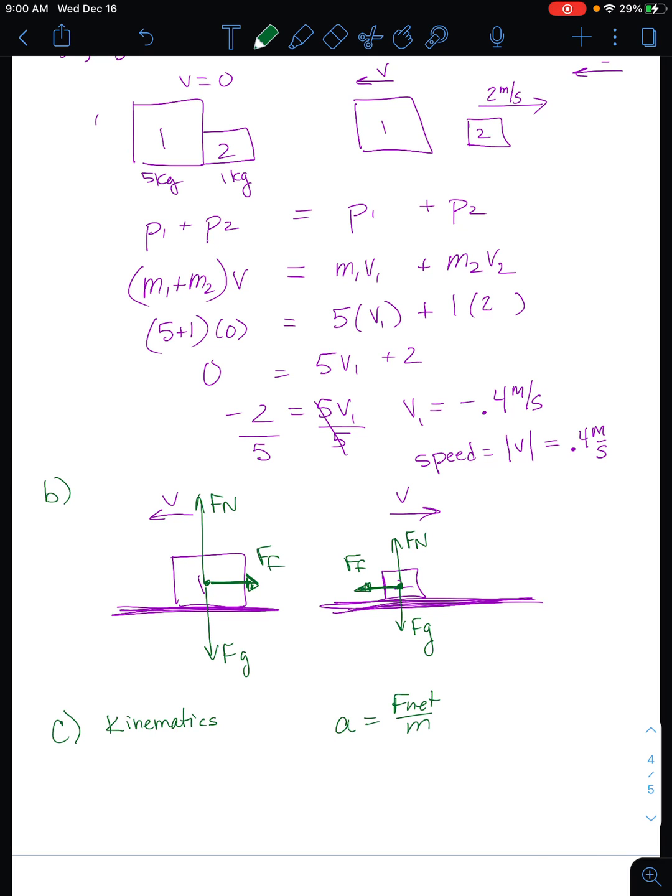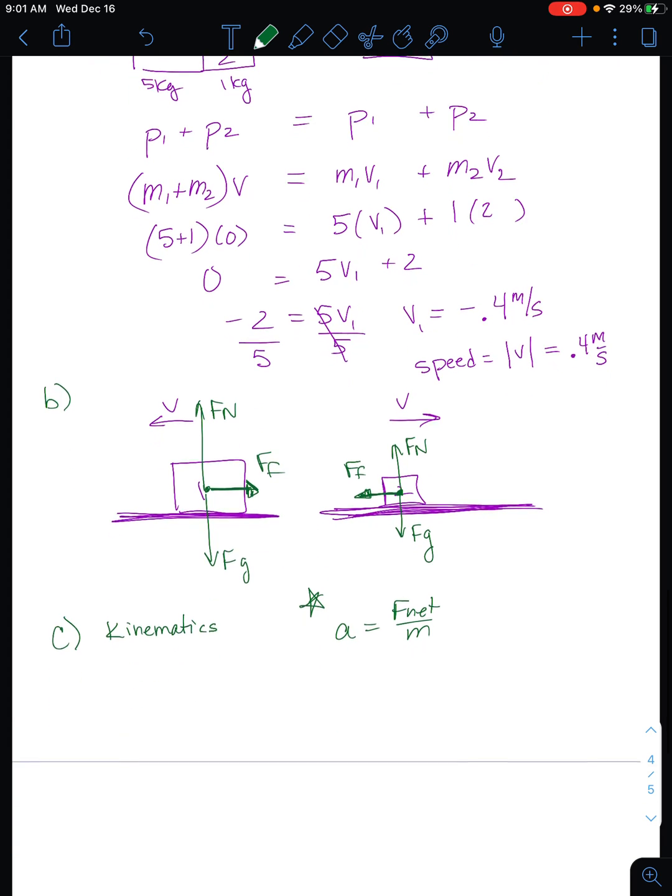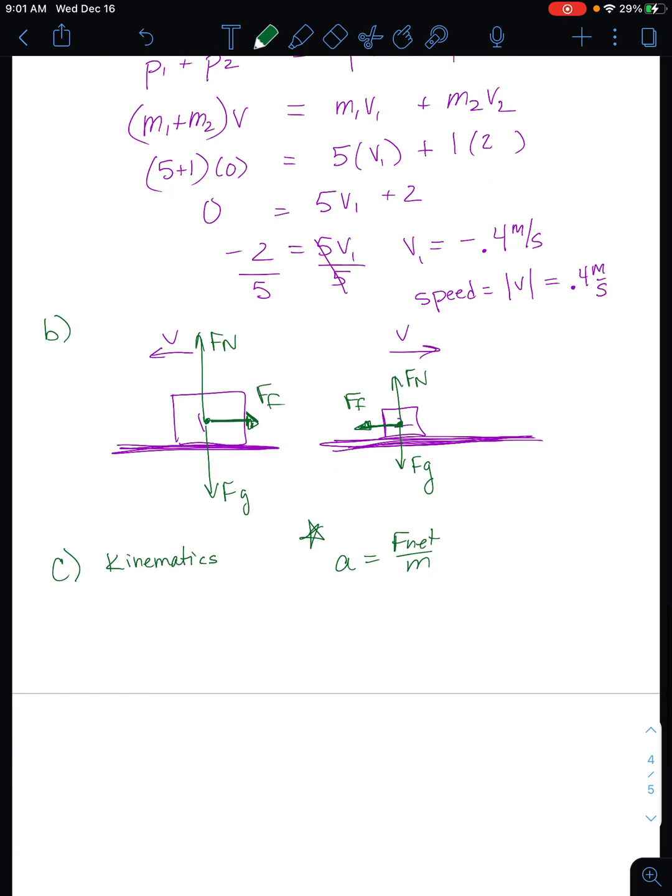And in this case, if I'm looking at my forces and my force diagram, I know their starting velocities, but I don't know a lot of other information. I think I'm going to start here with this force diagram. And so mass 1 has a net force of the force of friction acting on it.